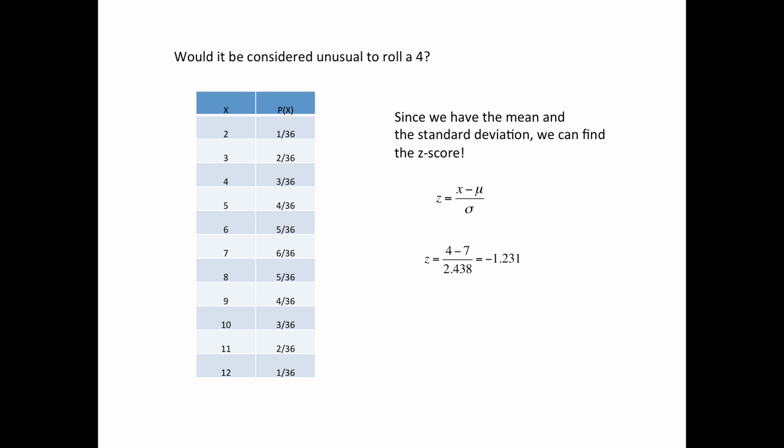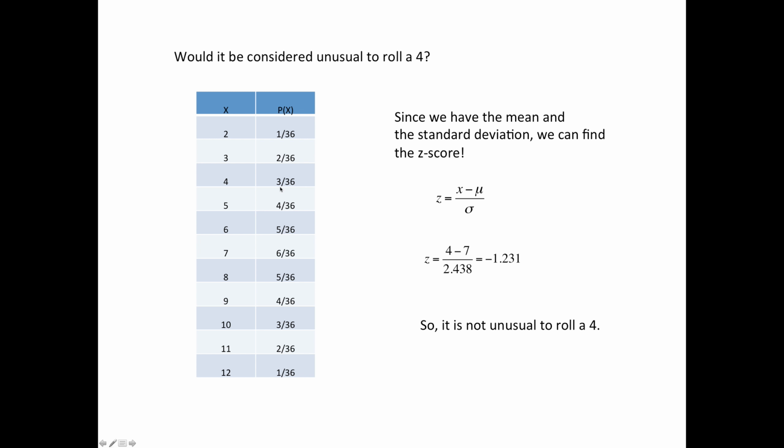And do you remember what the rule is about z? If it's over 2 or below negative 2, then the original score is considered unusual. This negative 1.231 does not go past negative 2.0, so the answer is, nope, it's not that unusual.